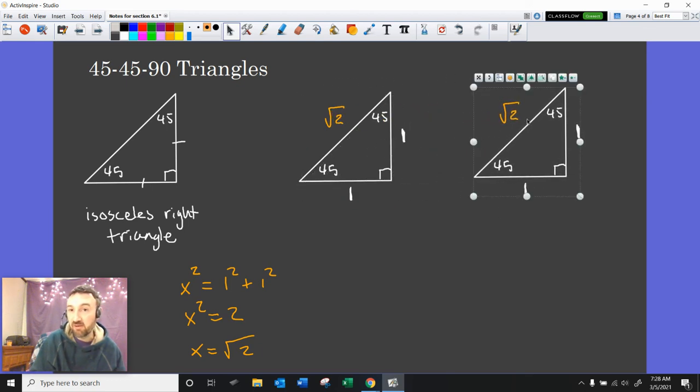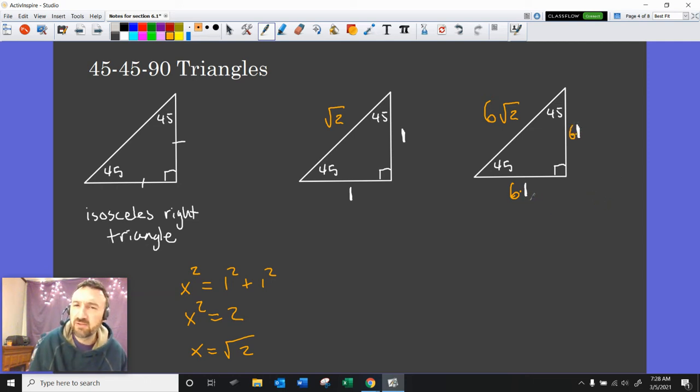So we could multiply all of this by 6, for example. I'm just making this up, but we could multiply everything by 6. So it'd be a 6 times a 1 and a 6 times a 1 and a 6 times the square root of 2. You don't usually write 6 times 1, you just say that's 6, of course, but those two triangles are the same shape. It's just that one is 6 times bigger than the other.